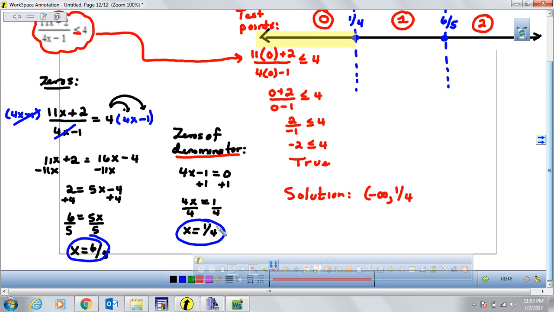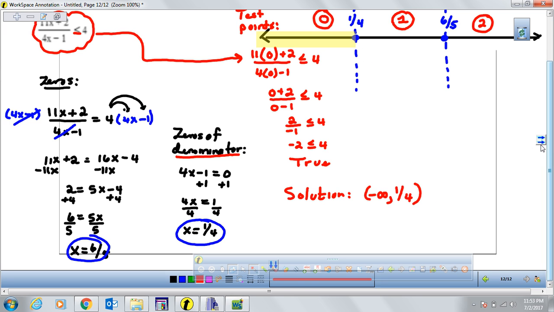And what happens if we get a 0 on the denominator? It makes the function undefined. So anything that makes the denominator 0, even though you have an equal sign on the inequality, will never be included as a solution. So it will always carry a parenthesis. Because the 1/4 is a zero of the denominator, meaning that it makes the denominator 0, it is a vertical asymptote. It cannot be included.